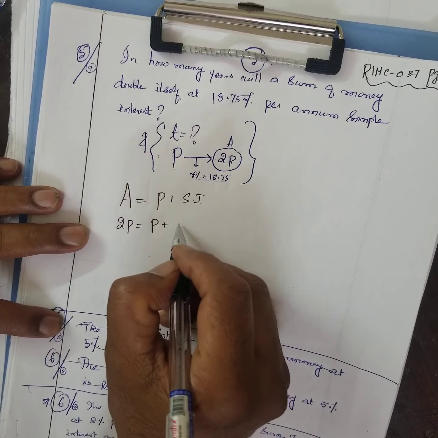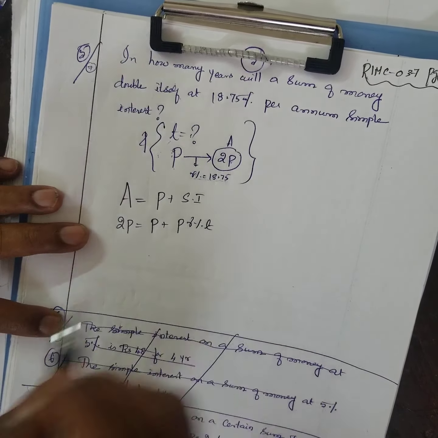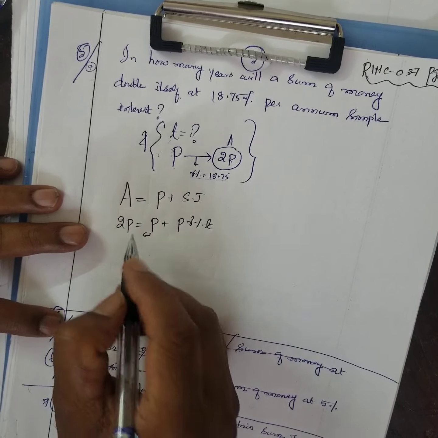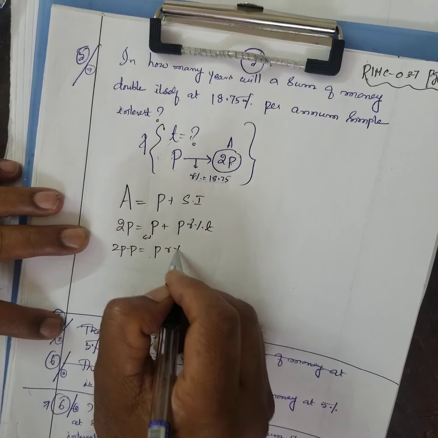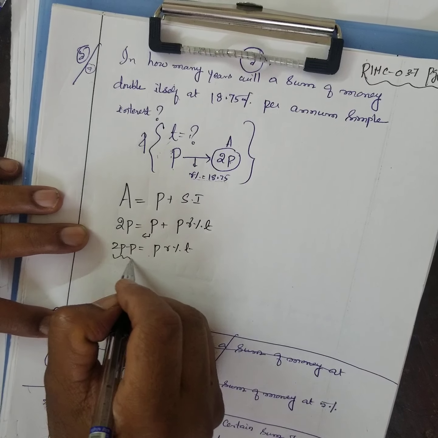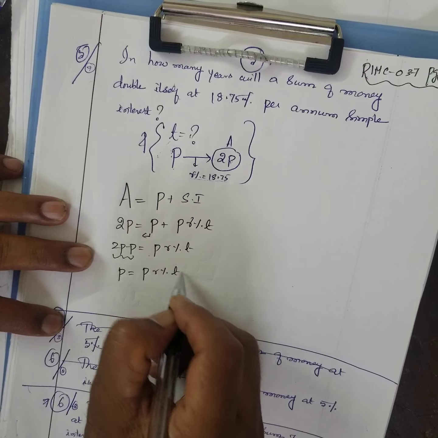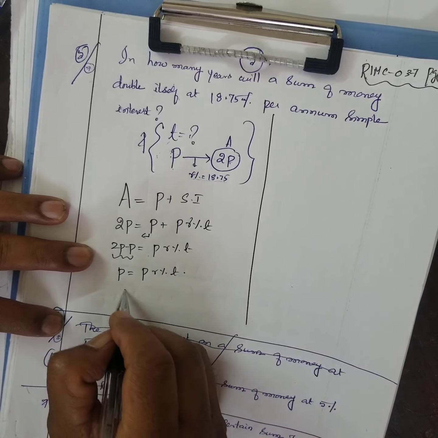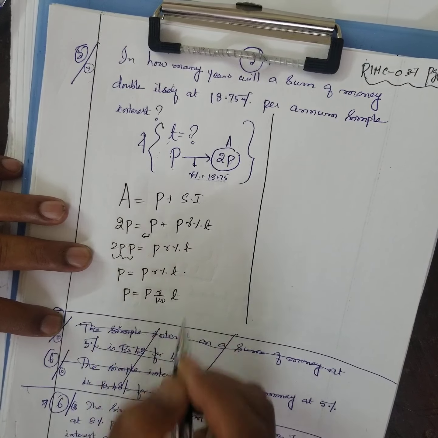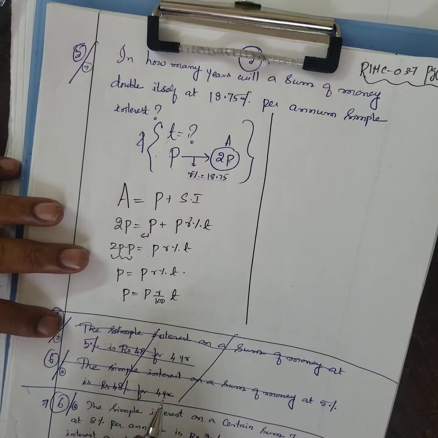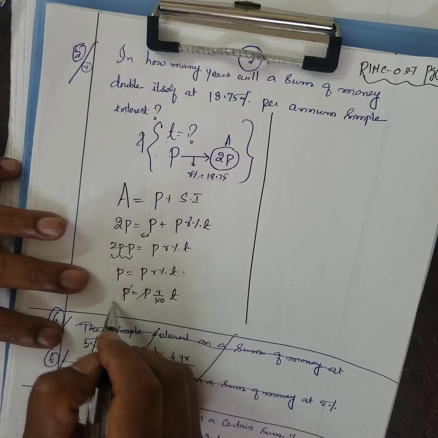So 2P equals P plus PRT by 100. Now bring this side: 2P minus P is P, equal to P into R by 100 into T. Now this cancels, P by P is 1.